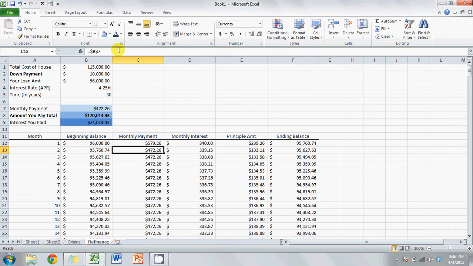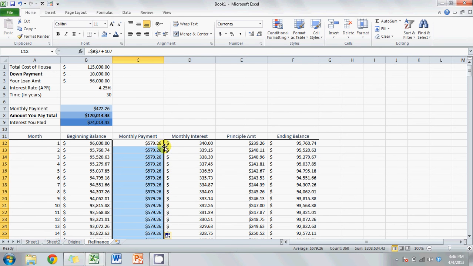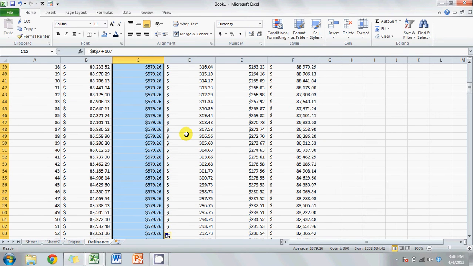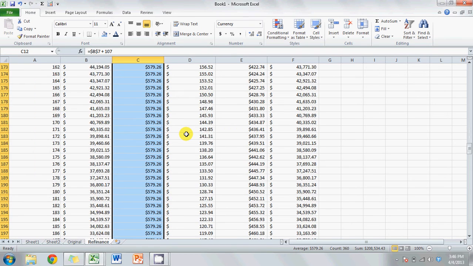than we were before. So before we had 25 years left on our loan. If we scroll down, oops, I already passed it. If we scroll down, you can see that right here is the month when you will have it paid off on the 262nd month.